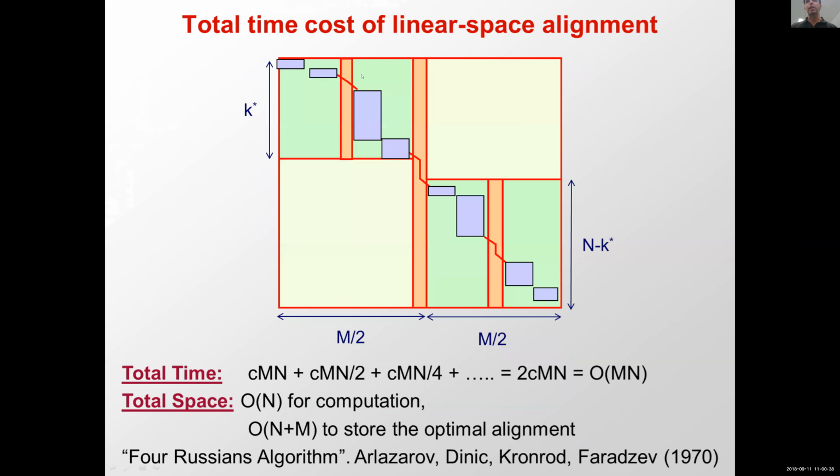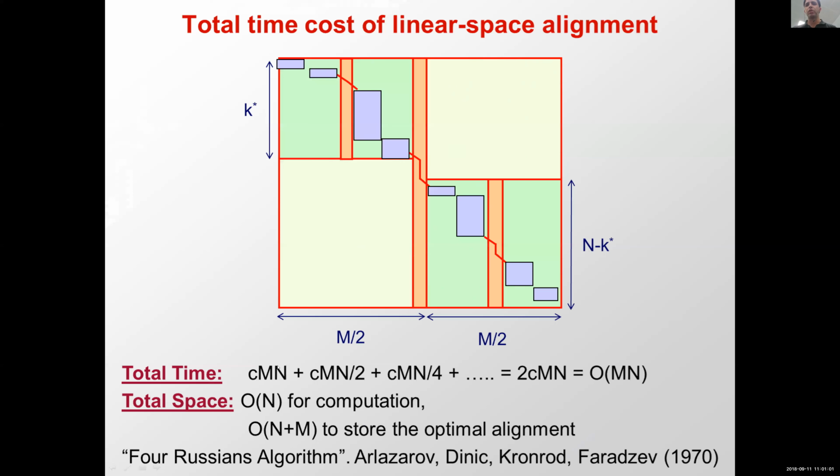Here's where the analysis is kind of cool. The top matrix, of course, costs us order n times m. Each of these only costs us half of that. We're ignoring these two boxes and only paying for these two boxes, and within each of those, we're only paying half each time.